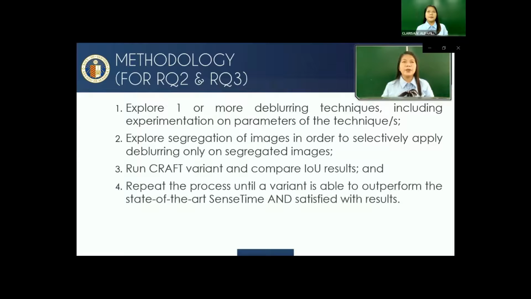For our research questions 2 and 3, we first explore one or more deblurring techniques, including experimentation on parameters of the technique or techniques. Then we explore segregation of images in order to selectively apply deblurring only on segregated images. Afterwards, we run the CRAFT variant and compare IOU results. And lastly, we repeat the process until a variant is able to outperform the state-of-the-art SenseTime and we are satisfied with the results.